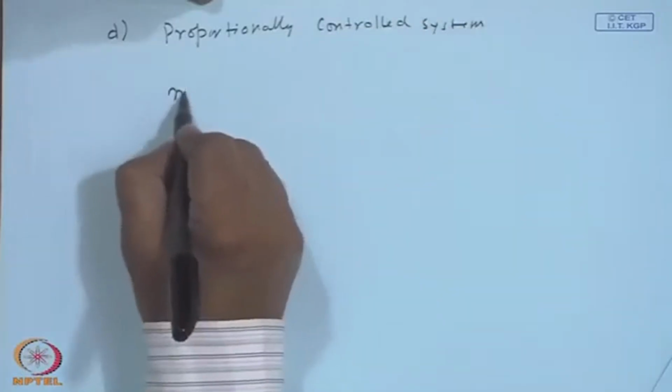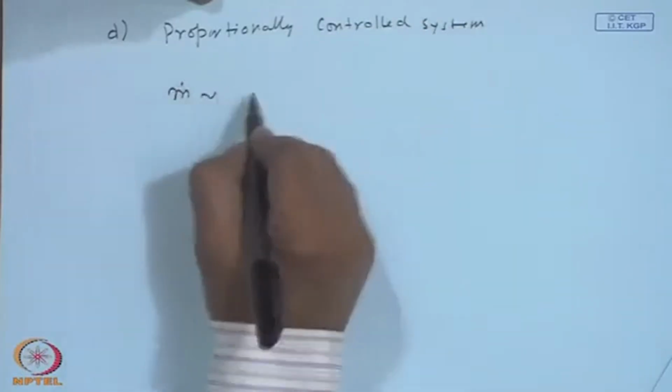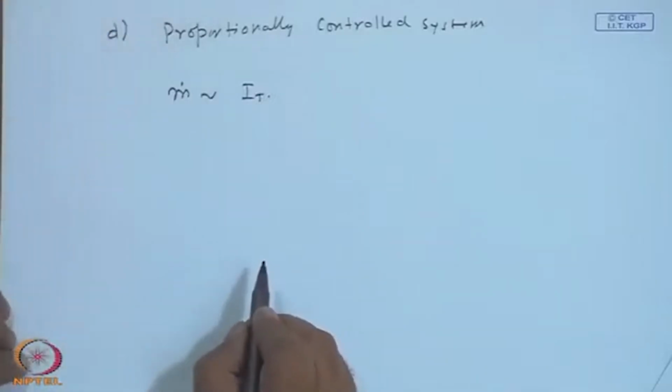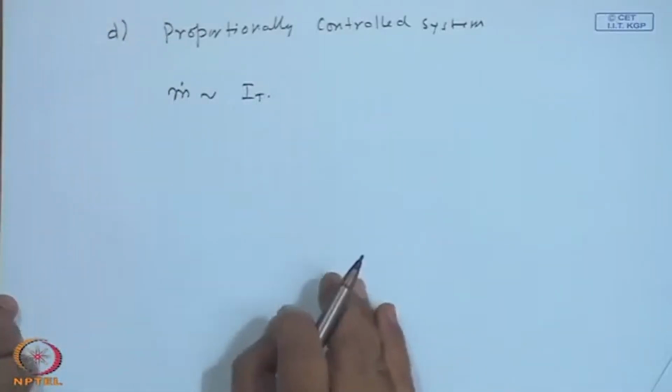Basically, m dot is proportional to I t. So, you have a motorized valve which will sense if the solar radiation is higher, it will send a higher flow rate to the collector, and if the solar radiation is lower, a lower flow rate is sent to the collector.